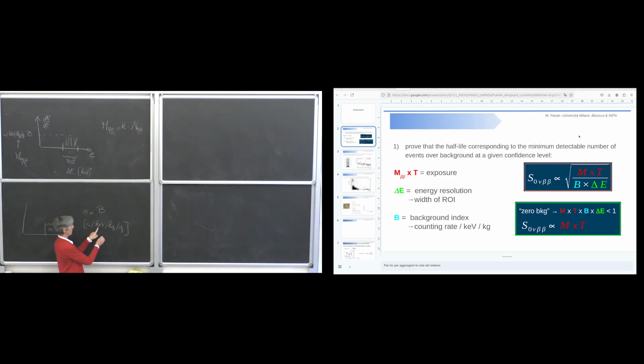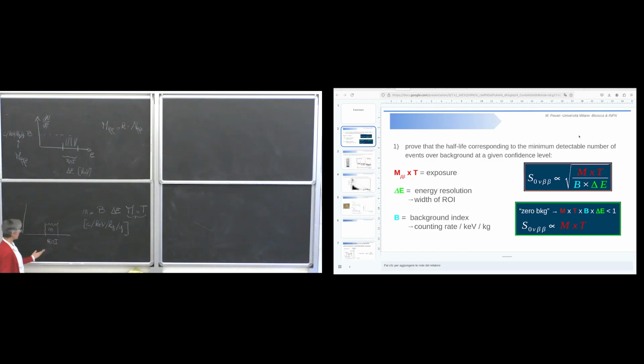So it is B, the energy interval is this one, the region of interest, its width is delta E, the mass is M, and the time is T. This is called the exposure of my experiment. This is the number of events that I will count, the background events.